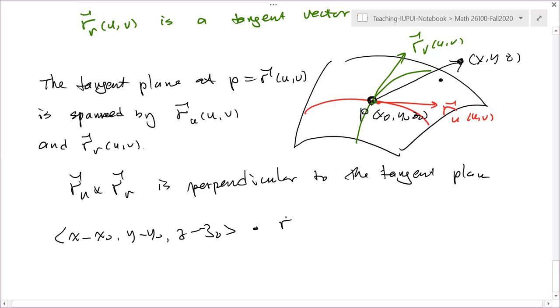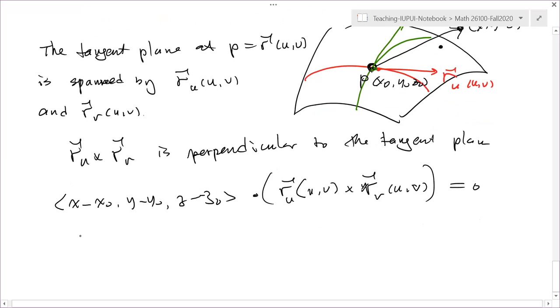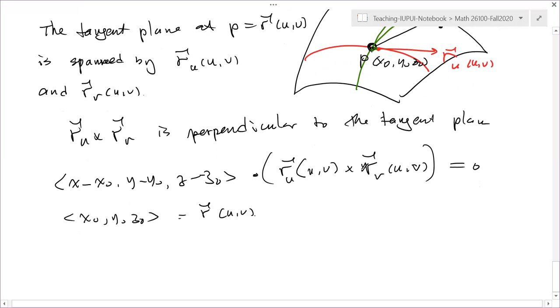So the dot product with this normal vector should be 0, perpendicular. Here I have to say that this vector is r_u cross r_v at a particular point. All right, so this is one way to describe a tangent plane.